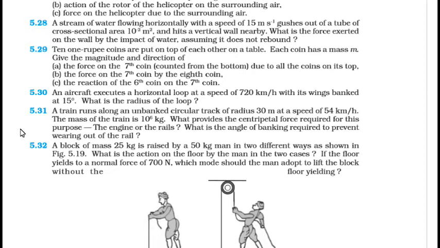Ten 1 rupee coins are put on top of each other on the table. Each coin has a mass m. Give the magnitude and direction of A. The force on the seventh coin counted from the bottom due to all the coins on its top.